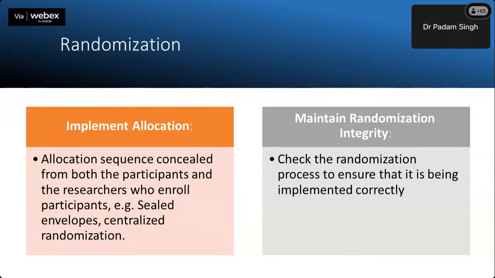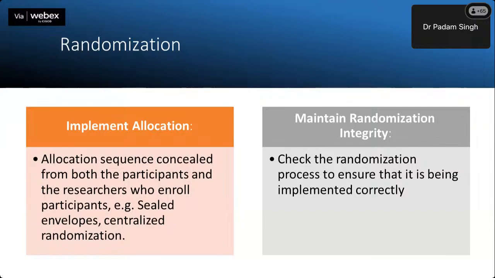Now, how the randomization is implemented. The allocation sequence is concealed, okay? What we do is we make use of opaque sealed envelopes. And this randomization is done centrally.